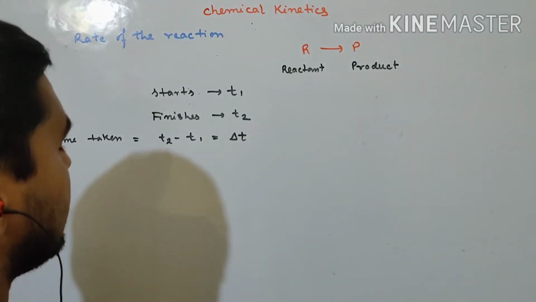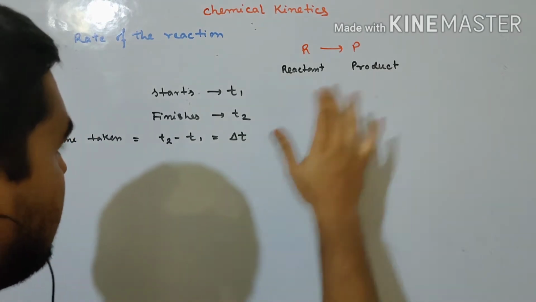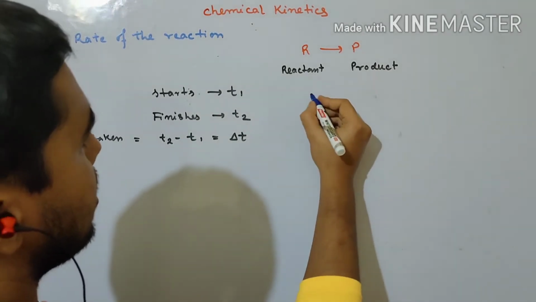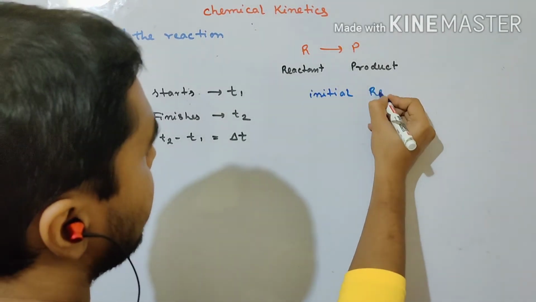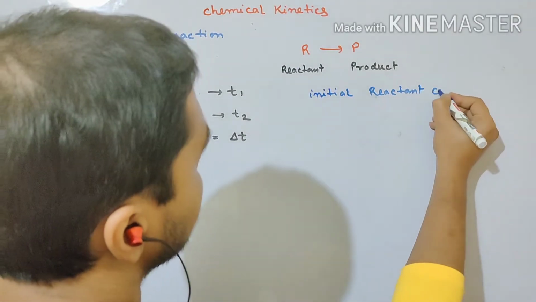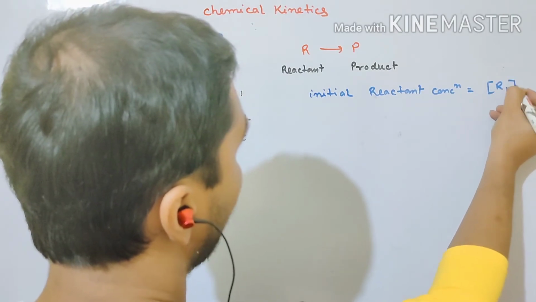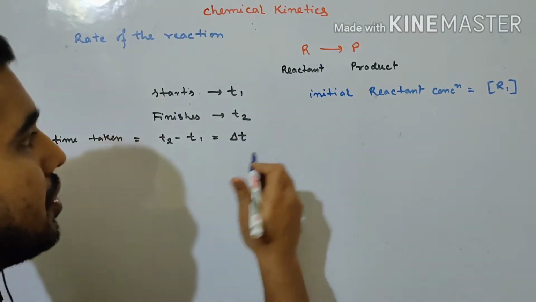Now, let us talk about this side. The initial reactant concentration is R1. Remember, this square bracket suggests the concentration.